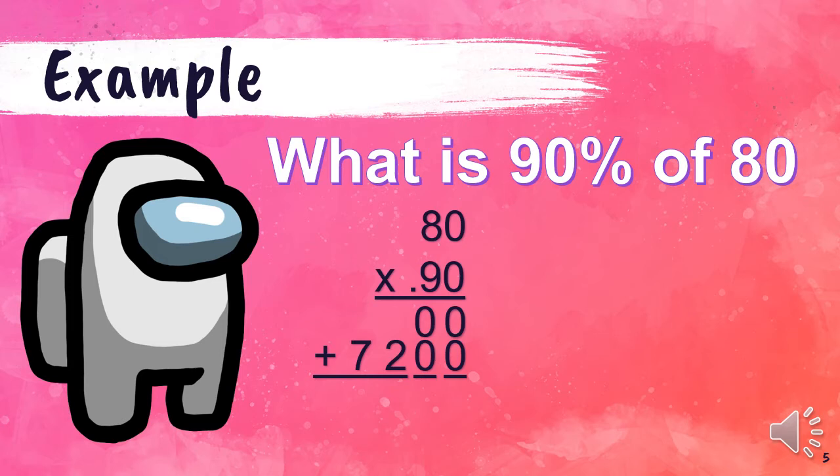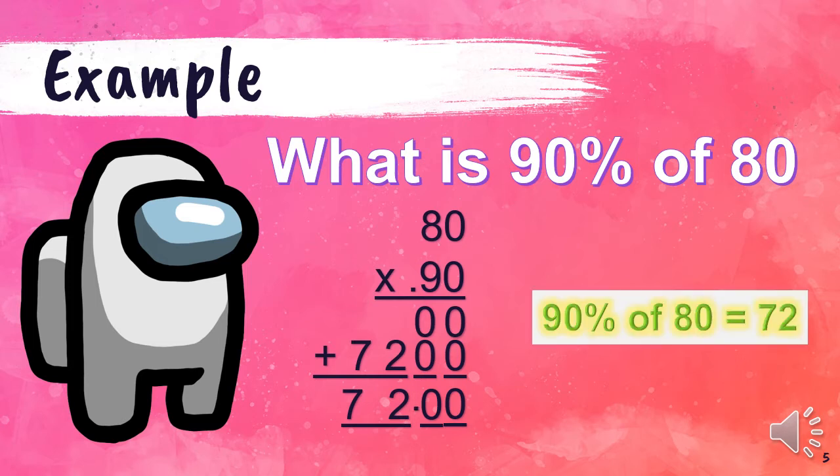Add 0 ones, 0 tens. Bring down your 2 hundreds and your 7 thousands. Because there are 2 digits behind the decimal point, count from your right 2 places and place your decimal point. 90% of 80 equals 72.